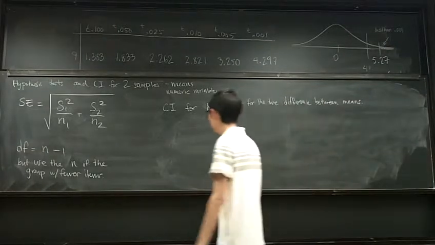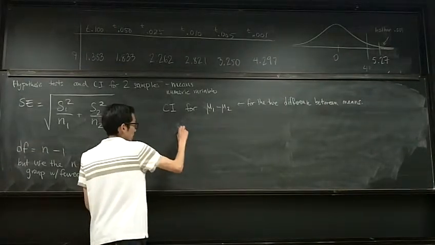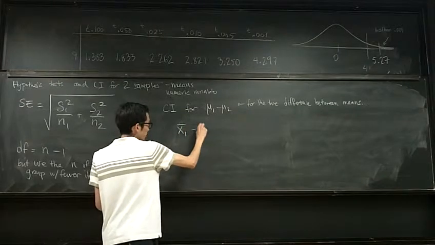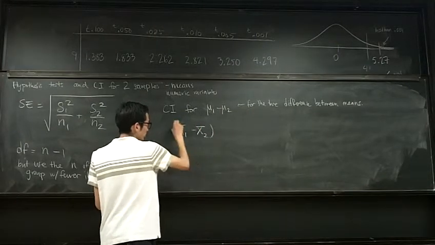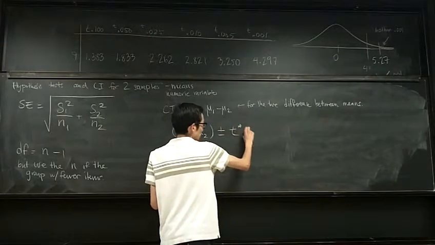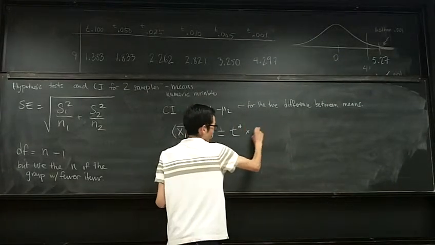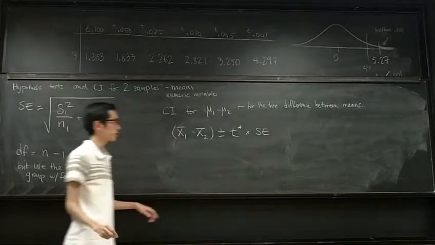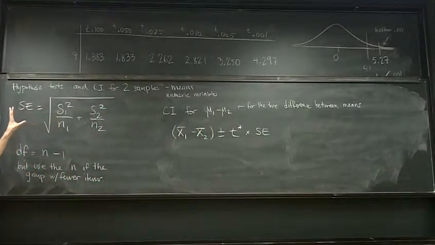So we have here x1 bar minus x2 bar plus or minus t star times the standard error. And what is the standard error? This ugly thing.